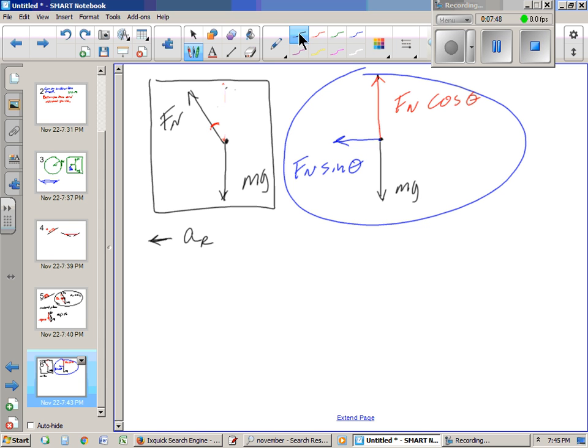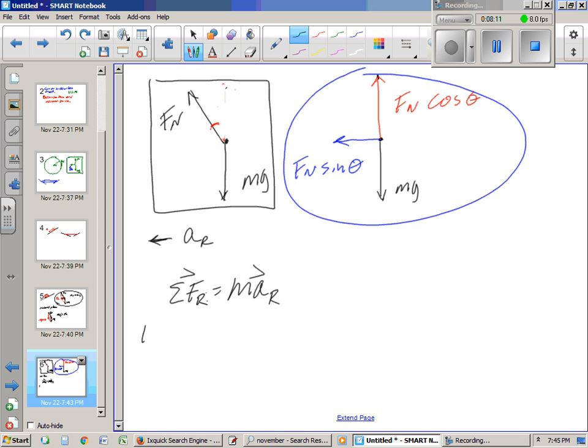Okay, so how are we going to do this? This will be a little bit different. First, let's look at the x direction. Sum of the forces in the x direction would be equal to ma in the x direction, but that's actually the radial direction. So let's change those to show that the x direction is really the radial direction in this problem. So what do we get there?